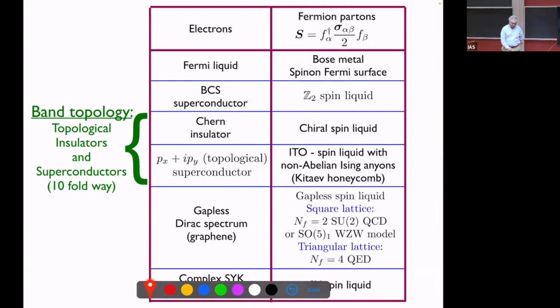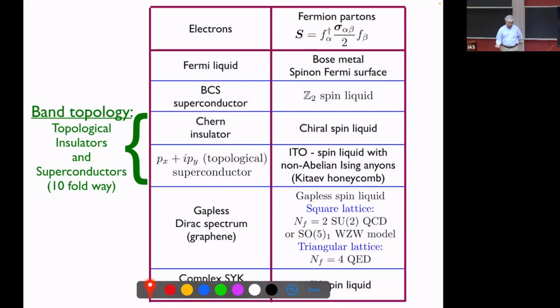Anyway, the simplest example of a topological insulator is a Chern insulator, which has a Chern number. And in fact, that's what I'll talk about today. So when you take a Chern insulator, when you take these fermions, the spinons now, and you put them in a Chern insulator, then you get something non-trivial.